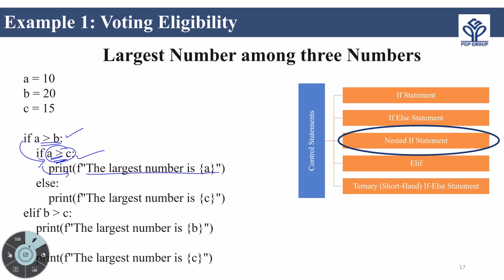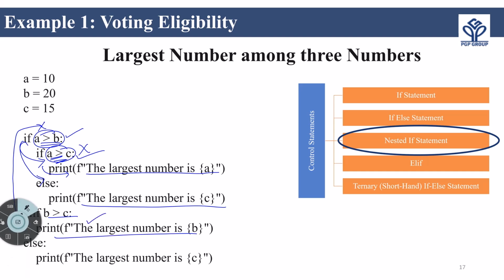Suppose the condition is false, it directly goes to the else part to print this one. If the first condition is false, we directly go to the else part, check which one is correct, and that is printed. Else, otherwise this one is printed. Clear?